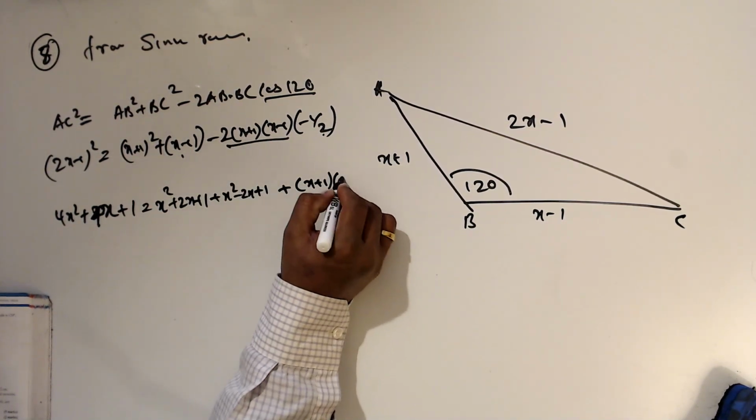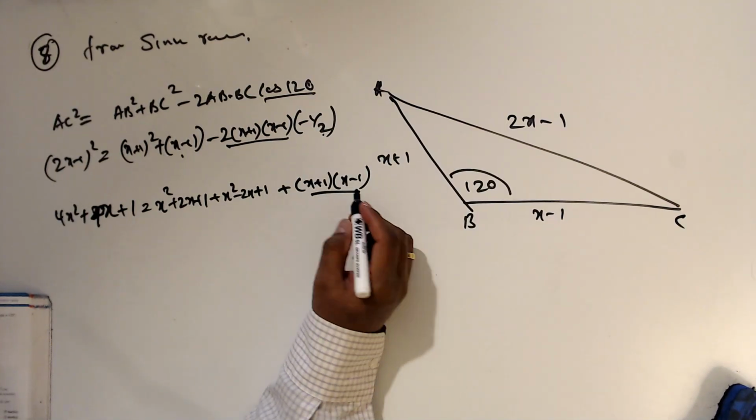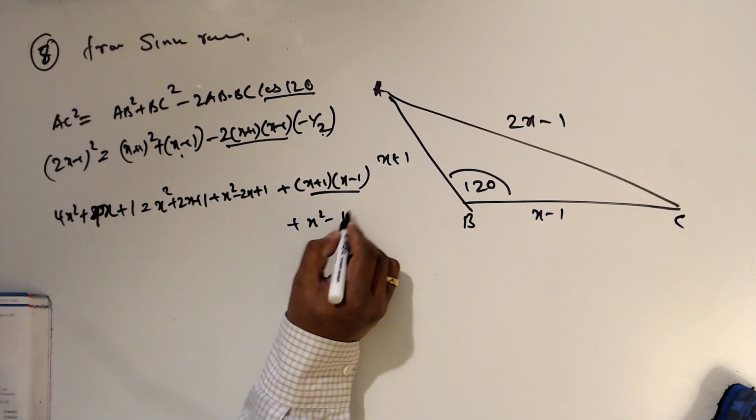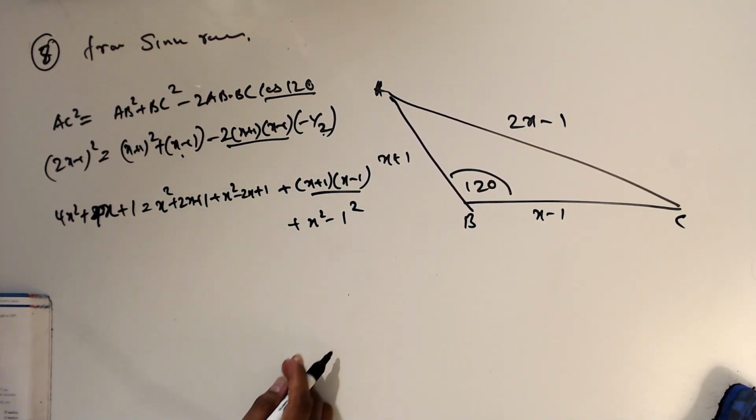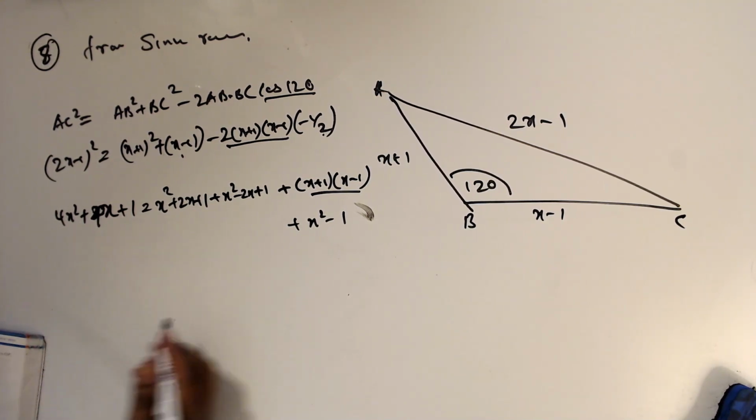X plus 1 times x minus 1 is the difference of two squares, which is x square minus 1 square. 1 square means 1.